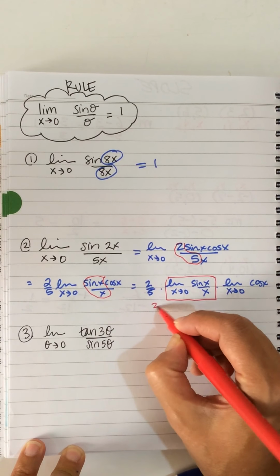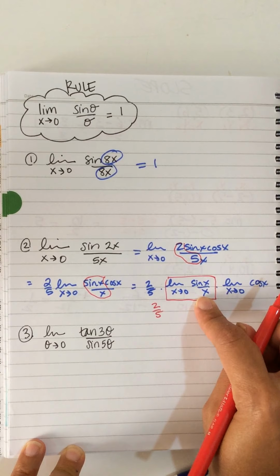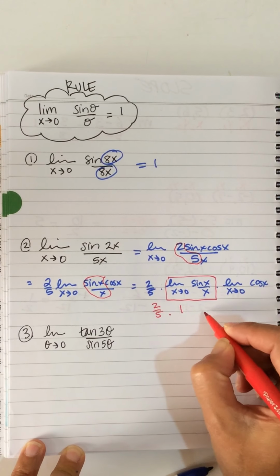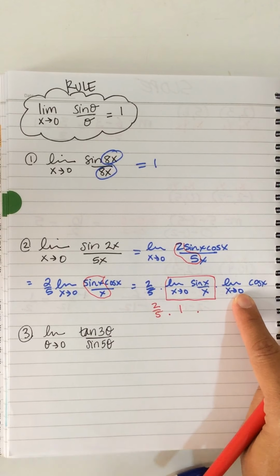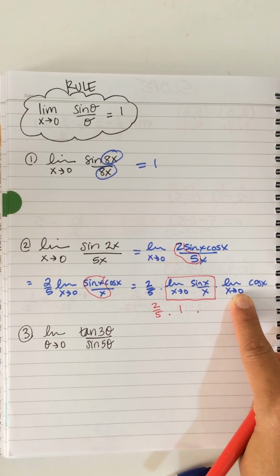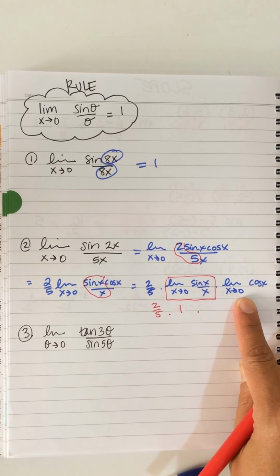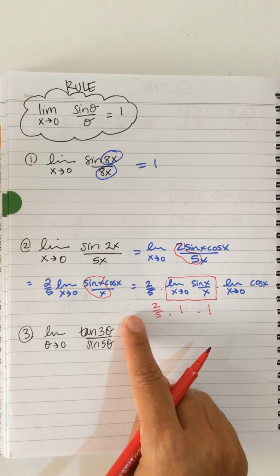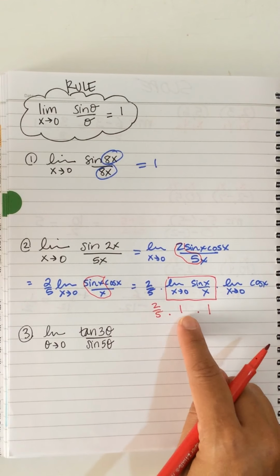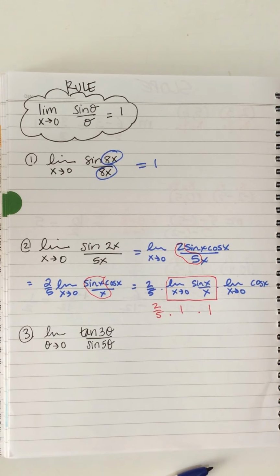Okay, so now I have 2/5. I know the value of that limit is 1. Now what is the limit of cosine x as x approaches 0? You can use your unit circle there, because you can just directly substitute in. What is cosine of 0? Cosine of 0 is 1. So the value of this limit is equal to 2/5 times 1 times 1, which is 2/5.